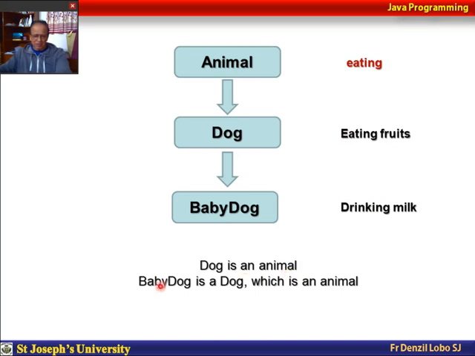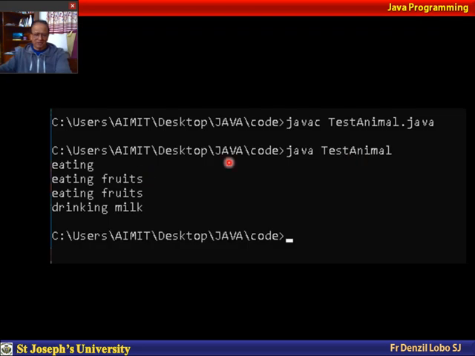So Dog is an Animal, BabyDog is a Dog which is an Animal. So this is the relationship each of these has. Here there is multiple inheritance. BabyDog is a Dog and it's also an Animal. So let us see the result of this.